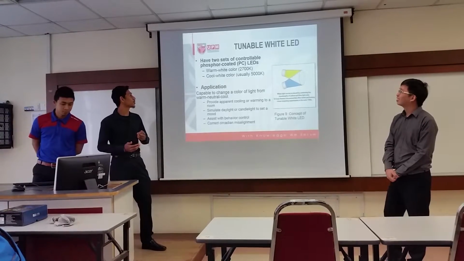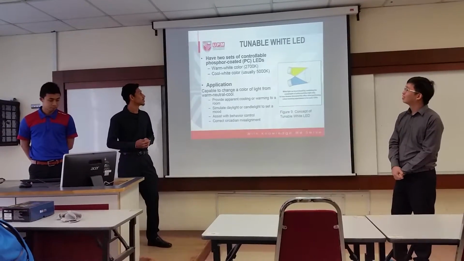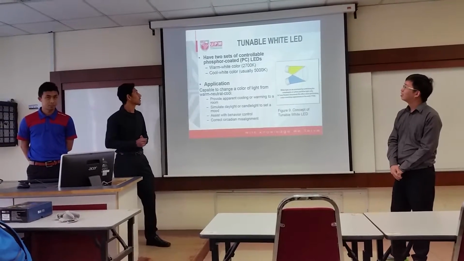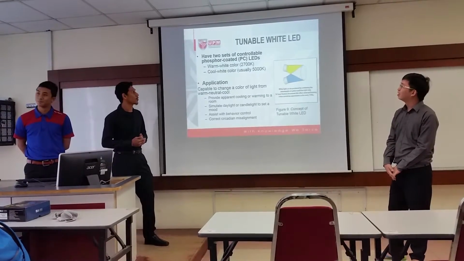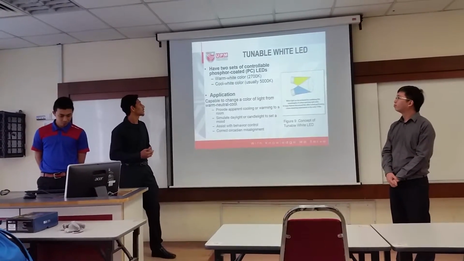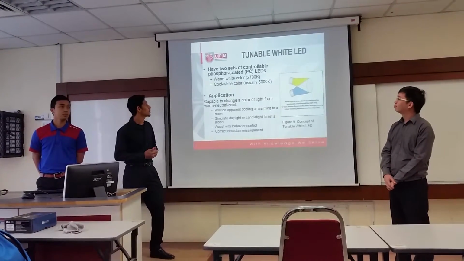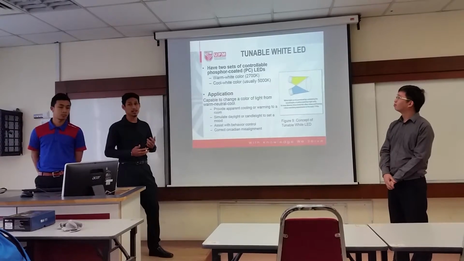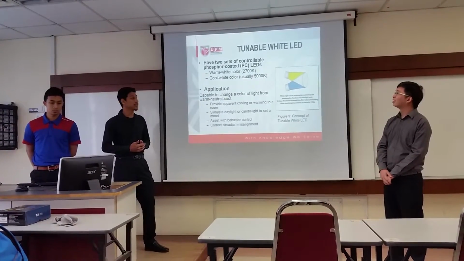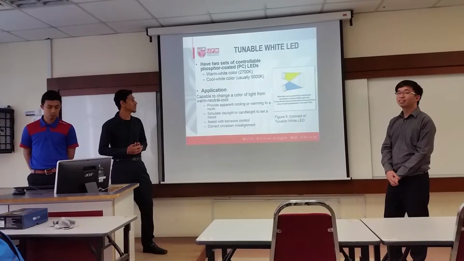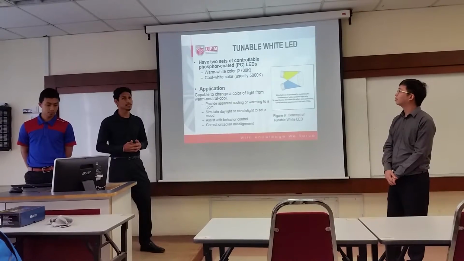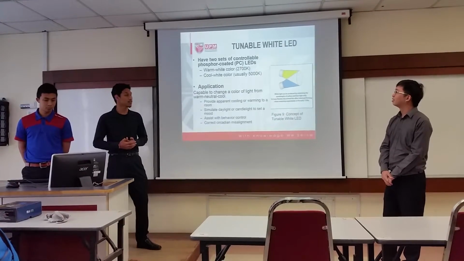Now, the tunable white LED. It has two control parts. The color is usually a method to combine colors, and it is commonly used. There are two: warm white color, which ranges around 2700 Kelvin, and cool white color, usually 5000 Kelvin to 6500 Kelvin.